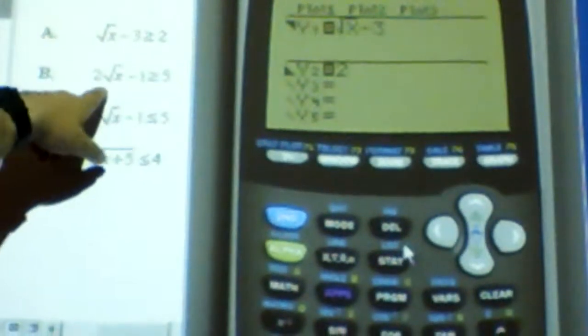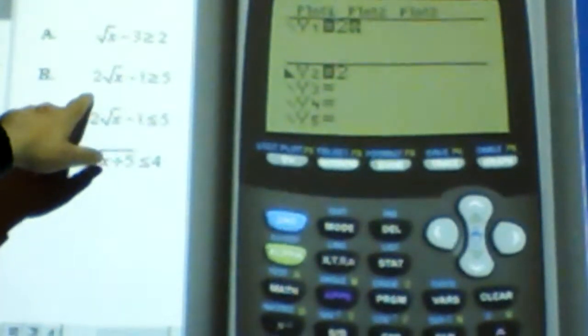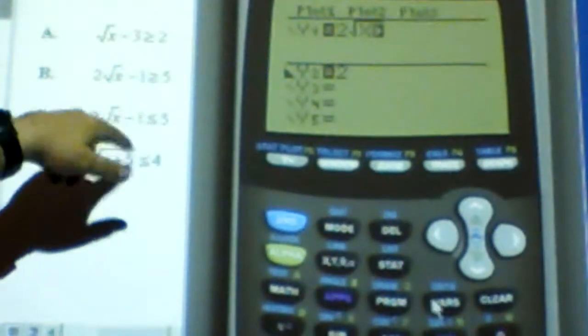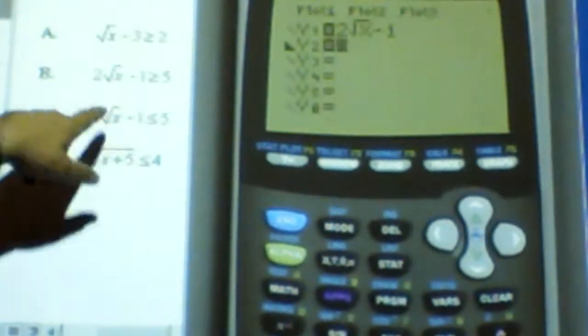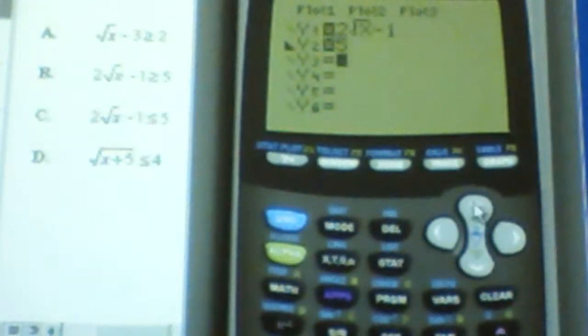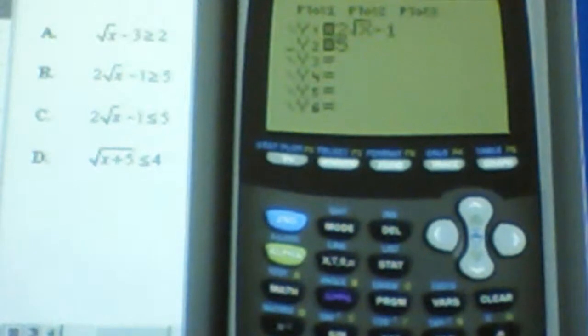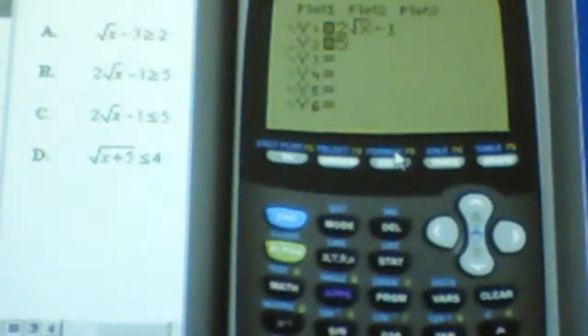The next one, we want to clear the line, and we want 2 square roots of x minus 1, and then we want 5 in the next line. Okay, so you can change these. You don't have to have the greater than and less than symbols in there. You can leave them out if it's easier for you to make sense of.